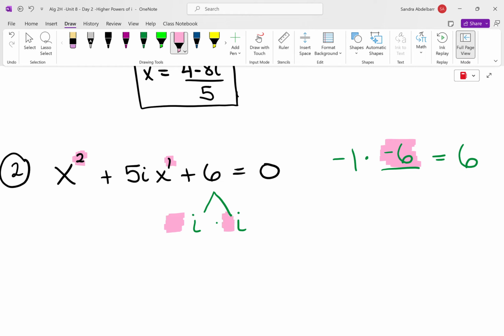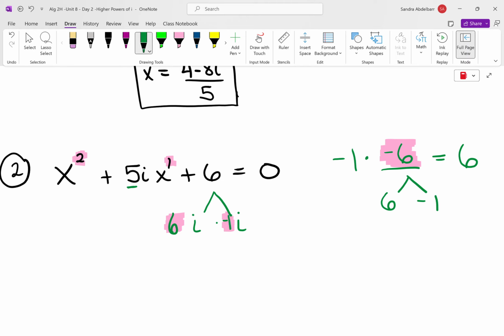Those factors of -6 need to be our coefficients for the i's. So I need to think of numbers that multiply to -6, but add to a +5. So what are two numbers that multiply to -6 but add to a +5?